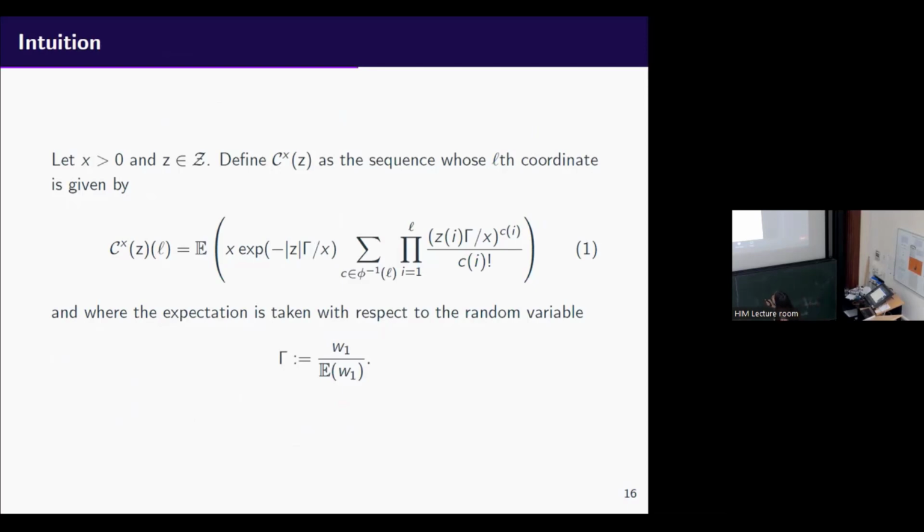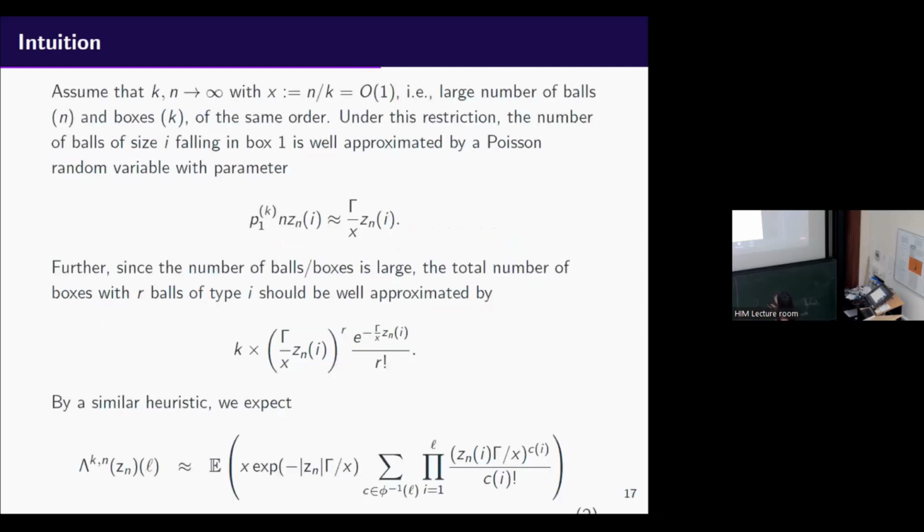So basically, the intuition for this is the following. Imagine that we are assigning balls into urns, where balls have different weights. For the moment, let's assume that you only have balls of weight 1, okay, and you have n balls and k urns, and they are both very large, but they satisfy this: n divided by k is of order 1. Okay.